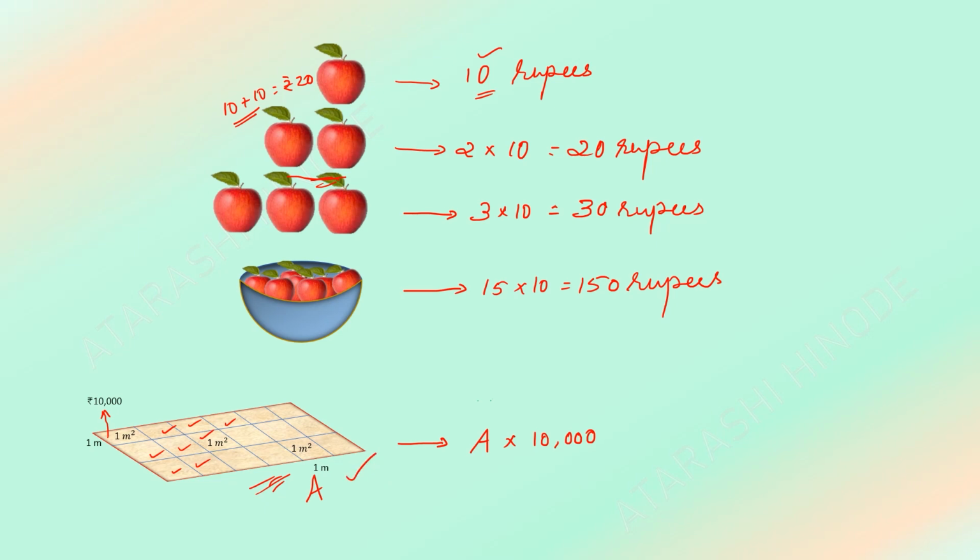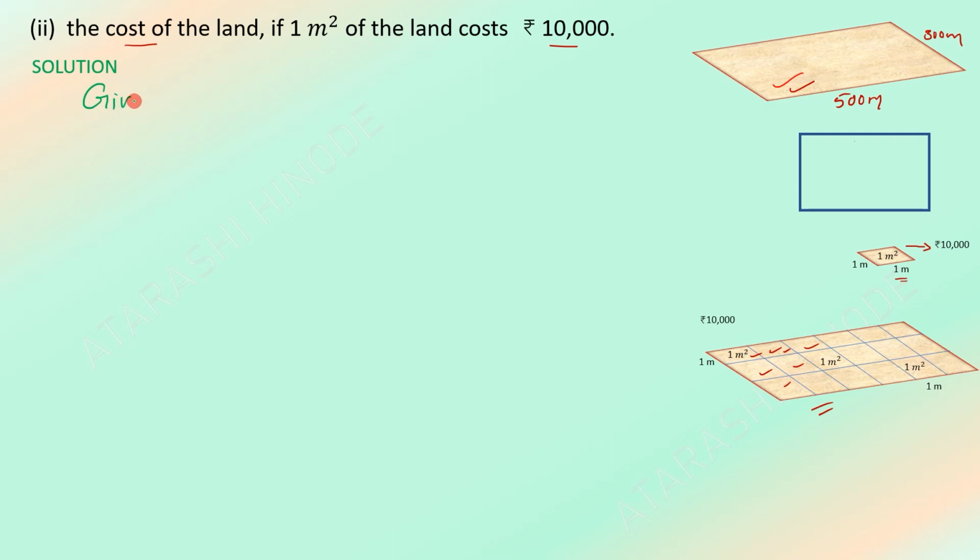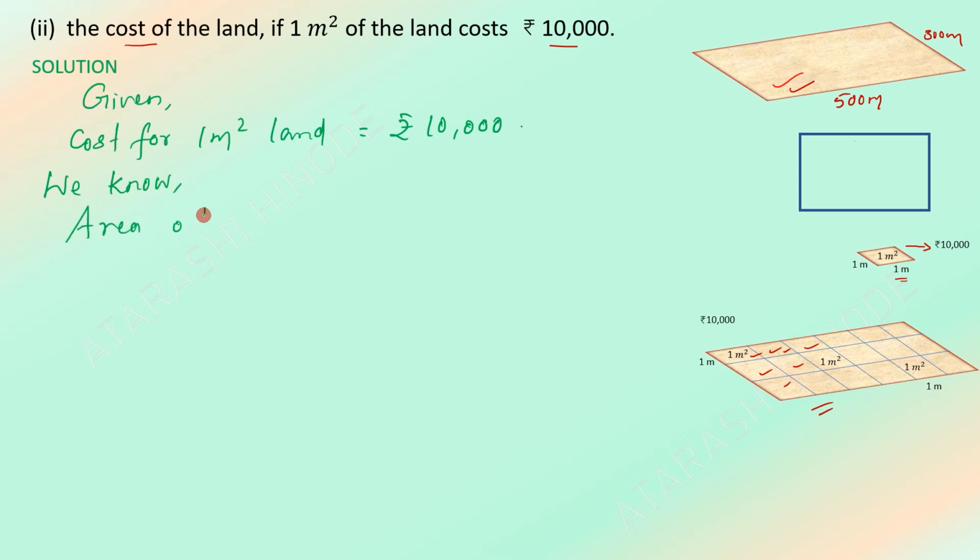Now let us solve. Given cost for 1 meter square land equal to rupees 10,000. We know area of the land equal to 1,50,000 meter square.